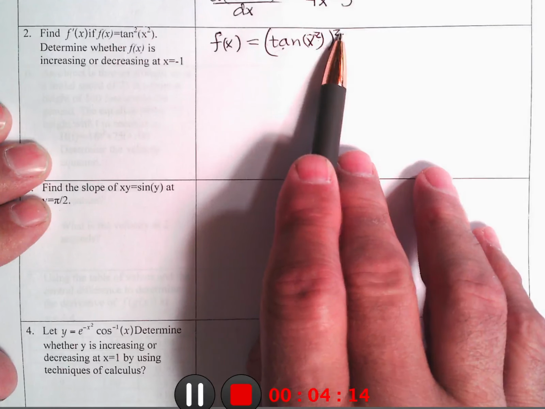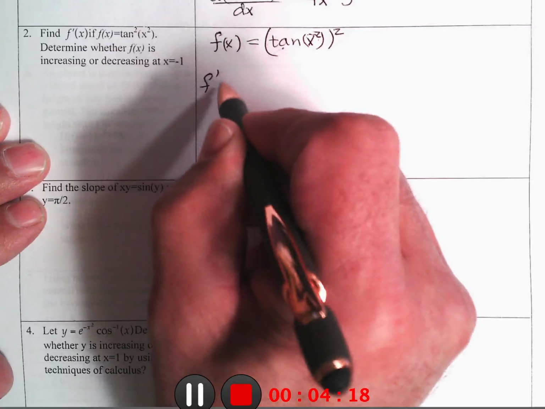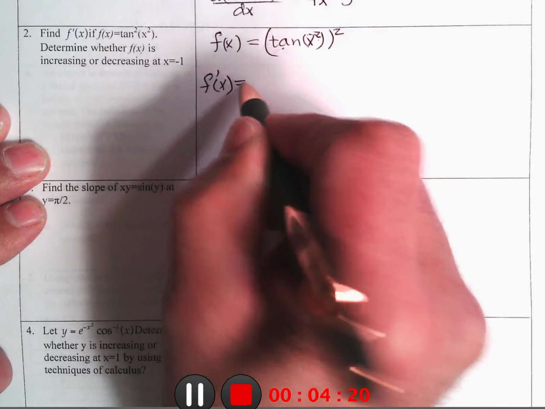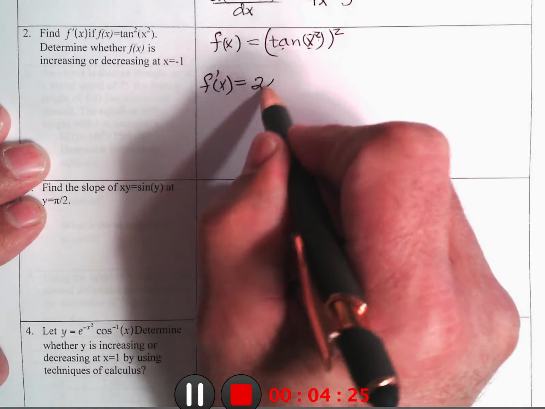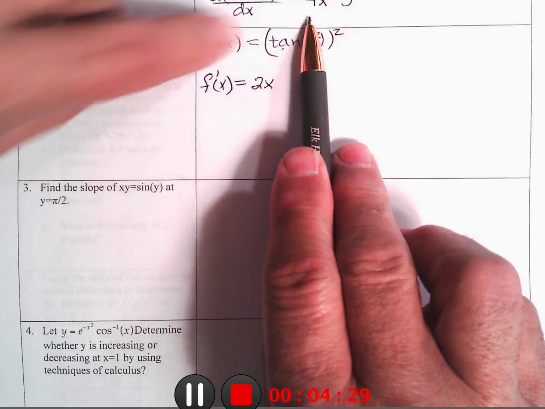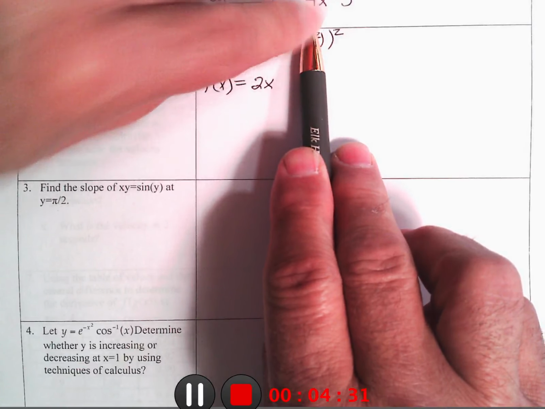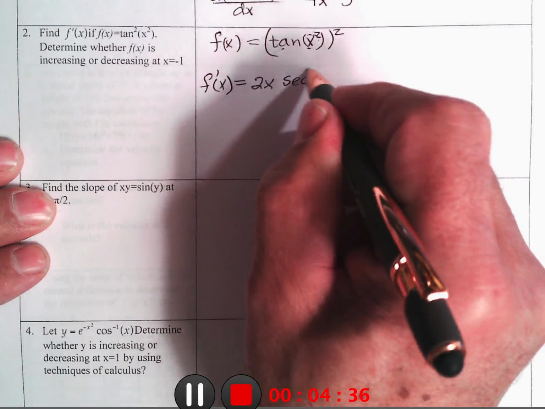So f prime of x, if I look at the derivative of x squared, that's 2x. Now the derivative of tangent of something will be secant squared of that something.